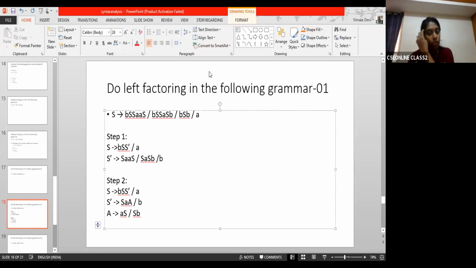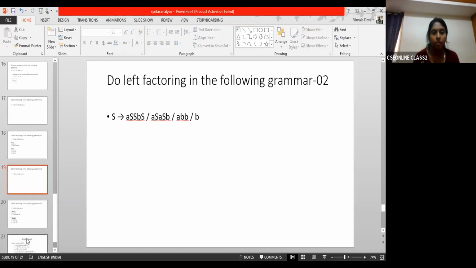Shall we move on to the similar problem? This is the next question. Please take down and try to solve it on your own.